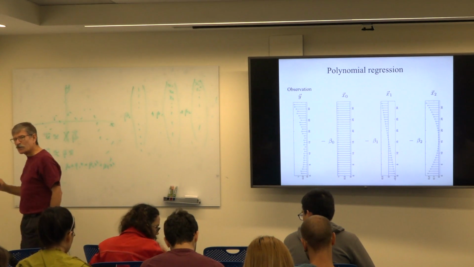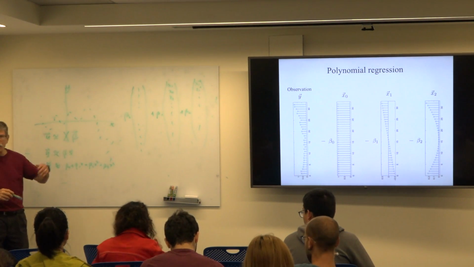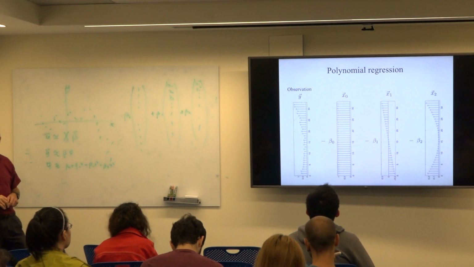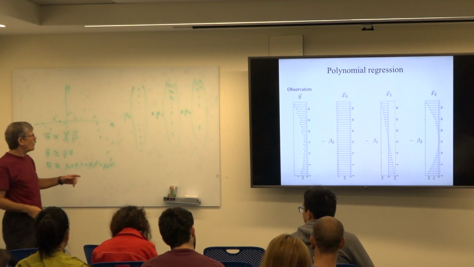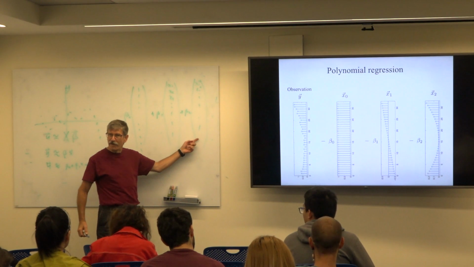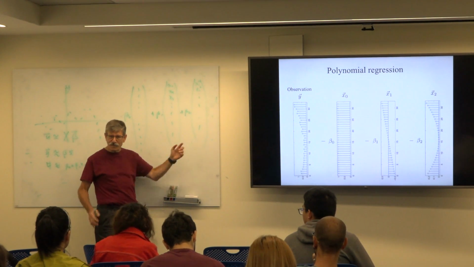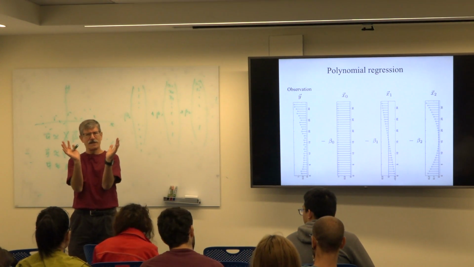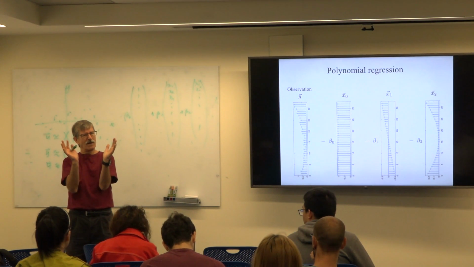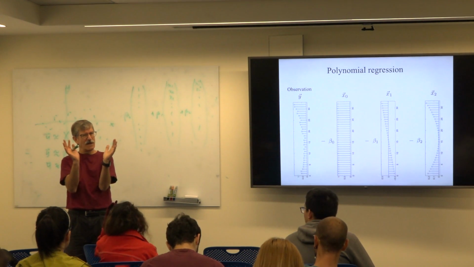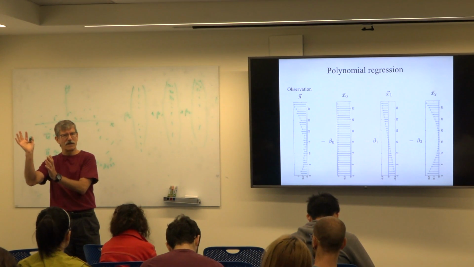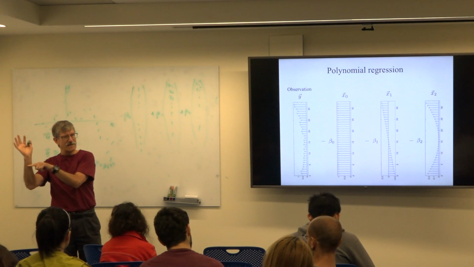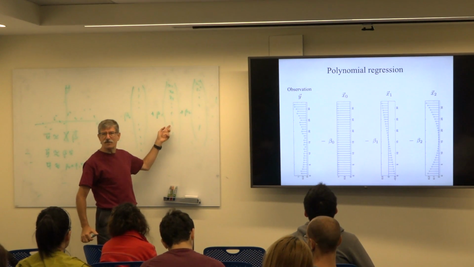You can play this trick with polynomials, and for that curvy thing that I showed you, that exemplar where a straight line doesn't fit, it would put a whole bunch of weight on x squared in order to get it to curve. And if it's a perfect parabola like this, it'll put all the weight on x squared, but if it's effectively skewed off the origin so that the bottom of the parabola is not 0, it's some other value, then it's going to have to add some straight line to it.